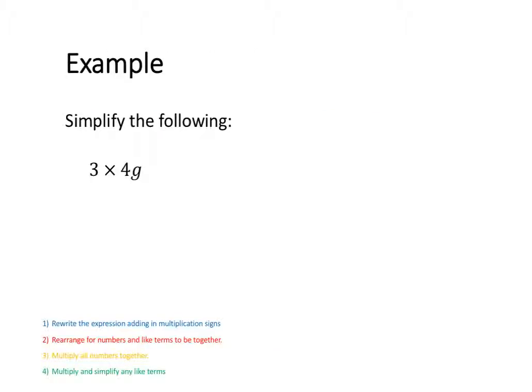So in the first example, I want to simplify 3 times 4g. Now the first step I want to do is rewrite that expression, adding in any of the missing multiplication signs. So that is going to equal 3 times 4 times g. Now the second step, to rearrange for numbers and like terms to be together, doesn't need to happen here because my numbers are together and I only have one variable.